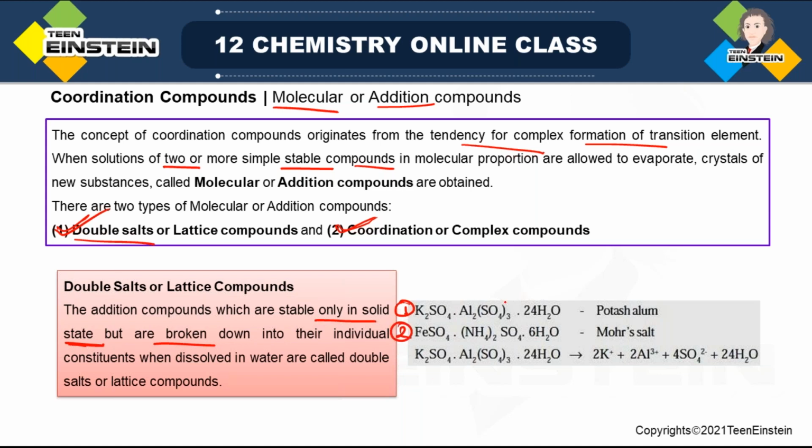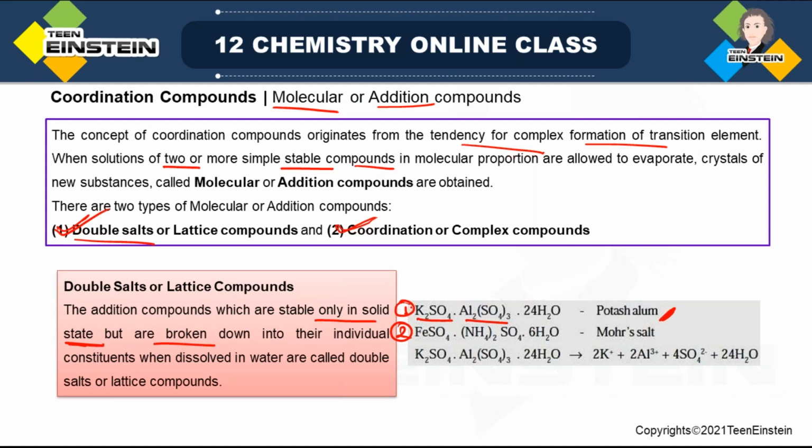In potash alum, you can see we have K2SO4, aluminium sulfate, and some molecules of water, which we call water molecules of crystallization, right? And Mohr salt is ferrous sulfate, ammonium sulfate, 6 water. Now take any of these two. Here we have taken potash alum.